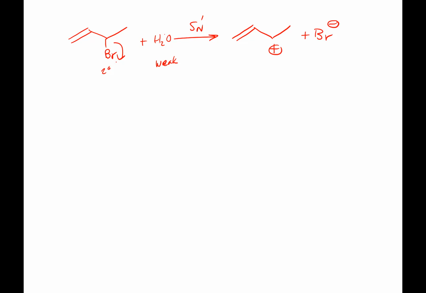So far so good. Now, this allylic carbocation, does it have a resonance structure? Yes. So let's write it. So if I write the resonance structure for that carbocation, it looks like this.